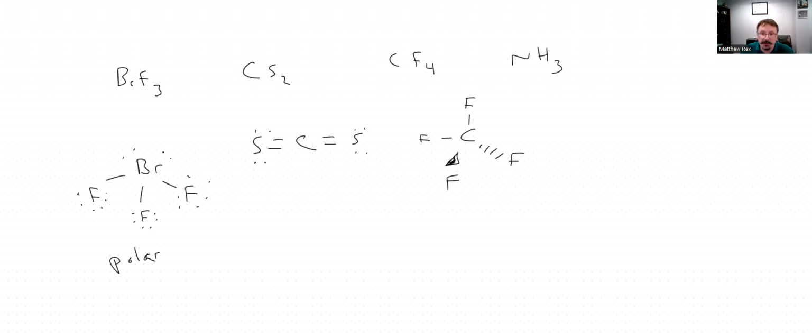Because they're all equidistant around, there's not going to be any overall polarity. With NH3, that lone pair on the nitrogen is going to push those hydrogens down. So this is going to have some overall polarity as well. So 2 of those are going to be polar molecules.